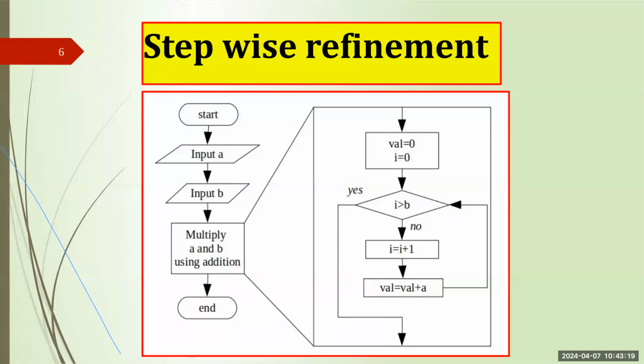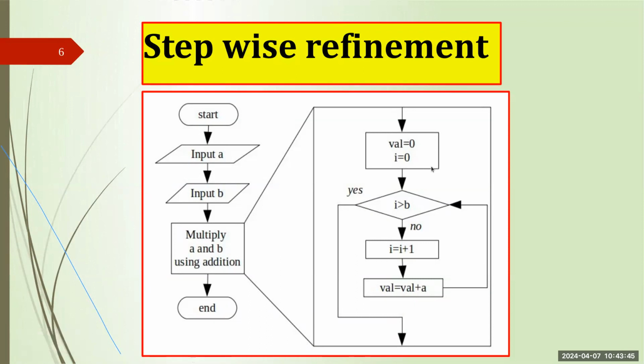That is also like a module. This small module has a flow chart. Input A, input B, and then the process: multiply A and B using addition. We can multiply by addition also.